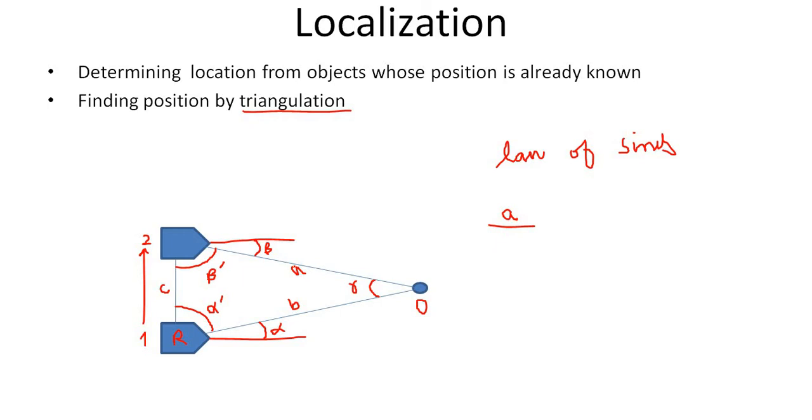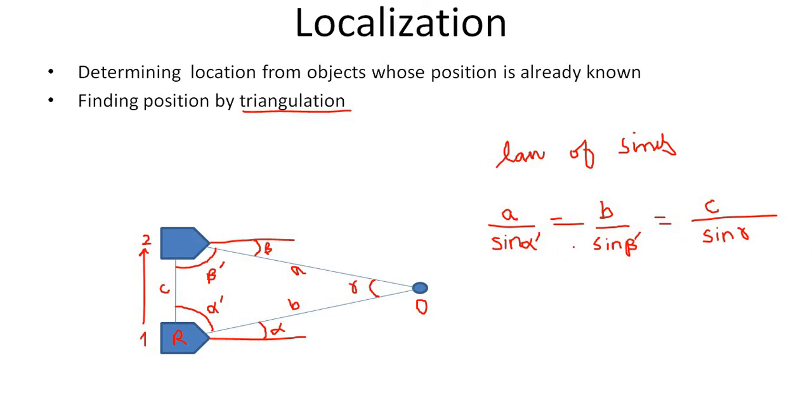A, this length of this triangle, divided by the sine of the opposite angle alpha prime, is equal to B divided by the sine of its opposite angle beta prime, is equal to C divided by the sine of the opposite internal angle gamma.